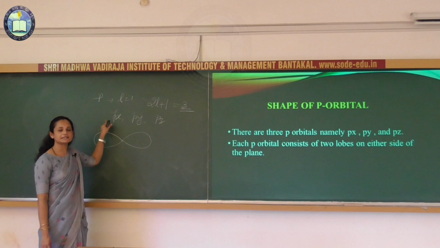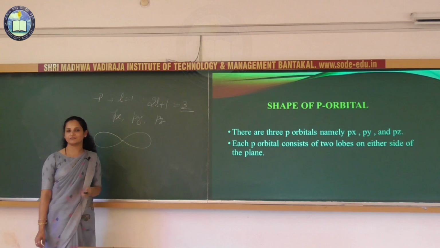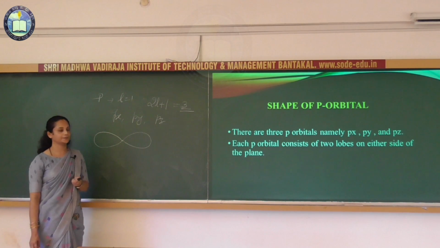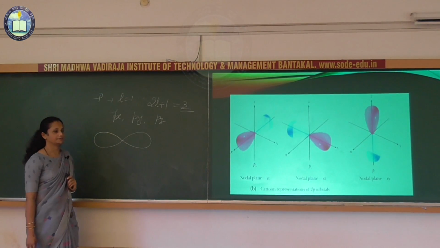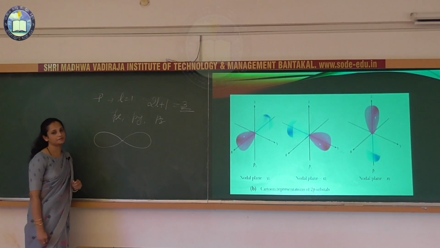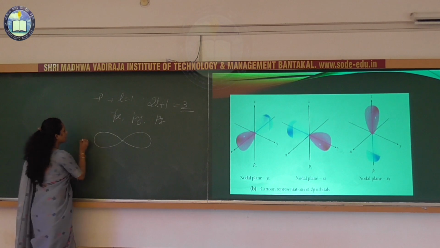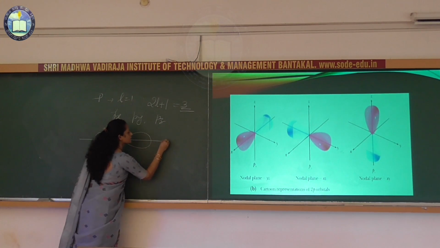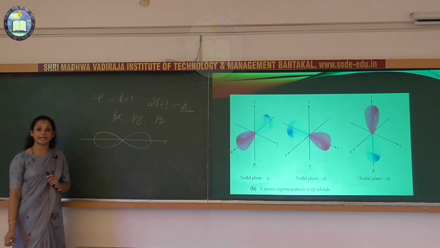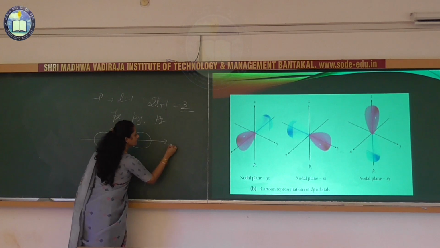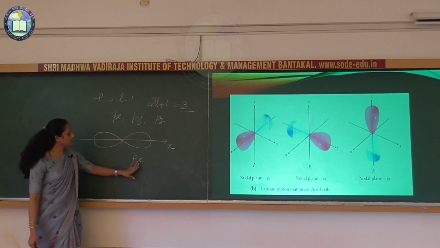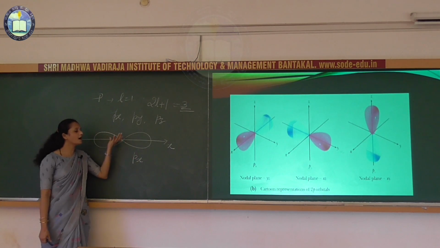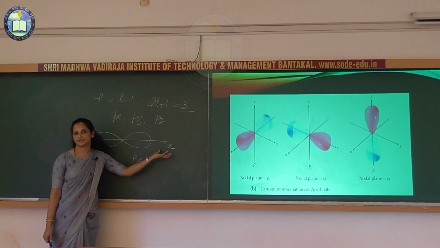So what is the difference between Px, Py, Pz? Diagram representation. For Px, you have to draw the axis. Px means the lobes are located on the x-axis.